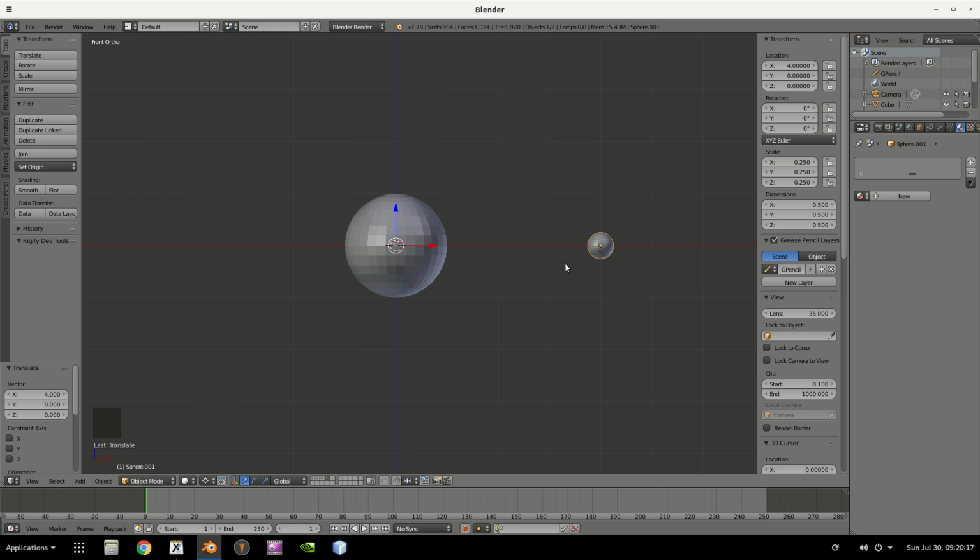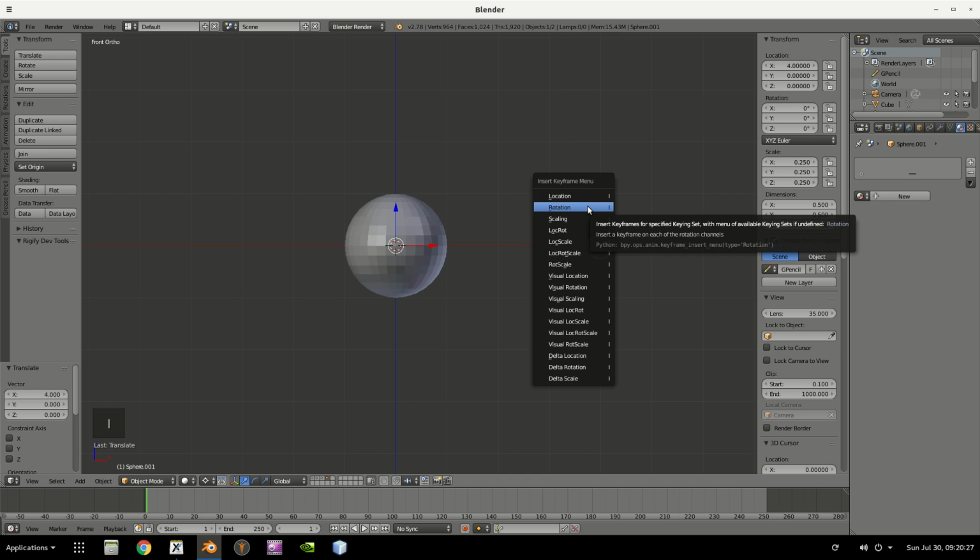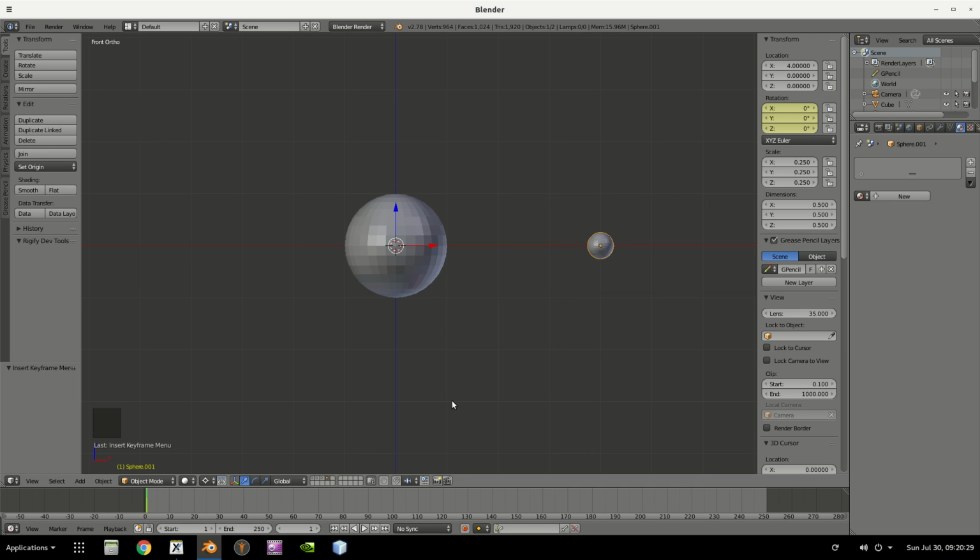Can we do a keyframe animation for this just so you can follow? Yes, no? So first of all, I want to save the rotation over here. This is 0, and let's say after 80 frames the rotation is going to be 90.